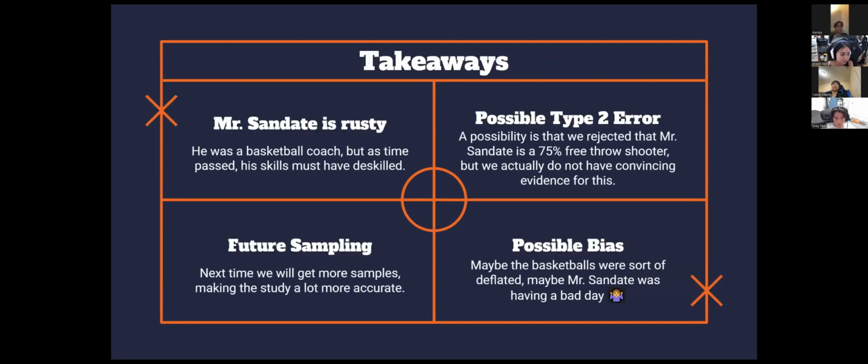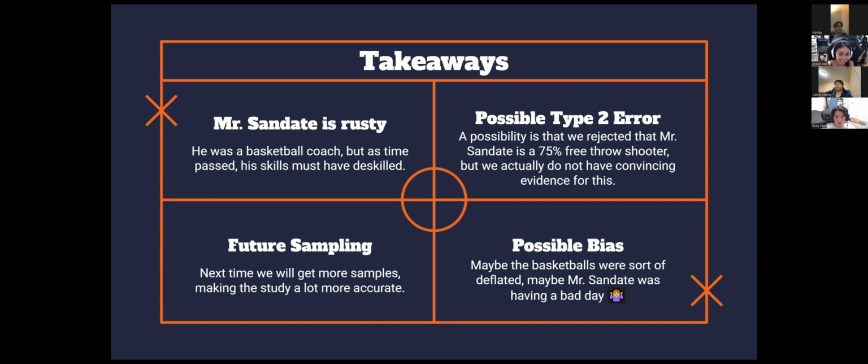Our takeaway from this experiment is that Mr. Sandate is rusty. He was a basketball coach, but as time passed and he no longer coached the team, his skills must have declined. For future sampling, next time we'll get more samples, making the study a lot more accurate and closer to the true percentage.